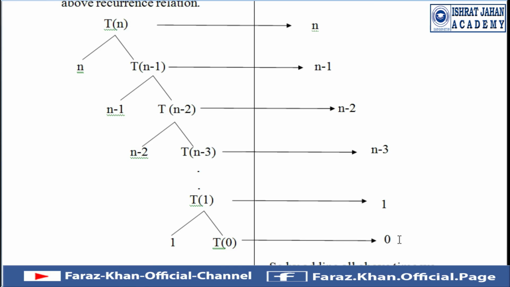So if I ask you to write the complexity of the above tree, obviously you will have to add the above complexity. So what will it become if we add 0 plus 1 plus n minus 1 plus n?